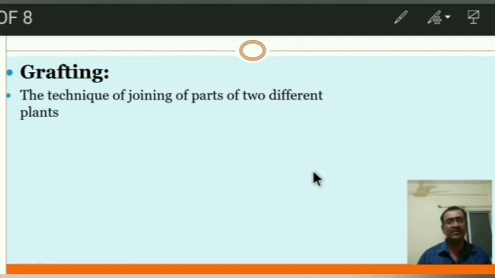As we know, if the root system is good, then more water and mineral nutrients are absorbed by the plant. So for that purpose, the stock has a good quality root system, and the scion has superior quality flowering and fruiting.